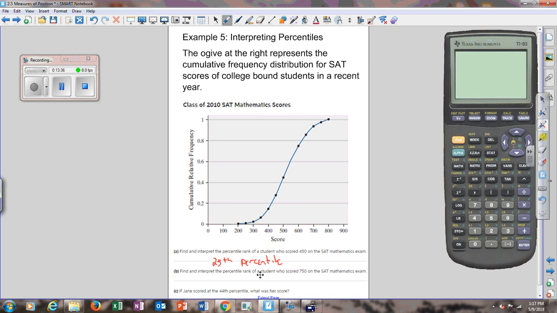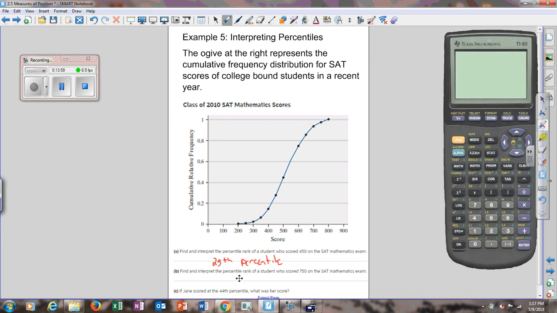All right. What about the person who scored a 750 on the math portion of the test? That would be scoring here. And you can see how close they are to 100% as far as the cumulative relative frequency. So that's going to be up real high.